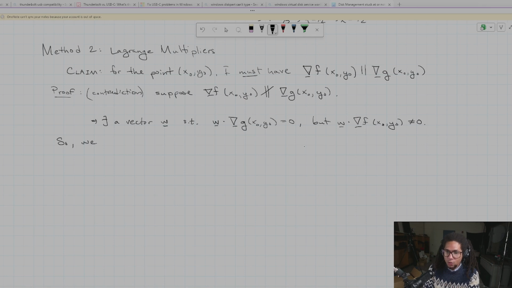So we can change f without changing g. Then x naught, y naught cannot be extremal.